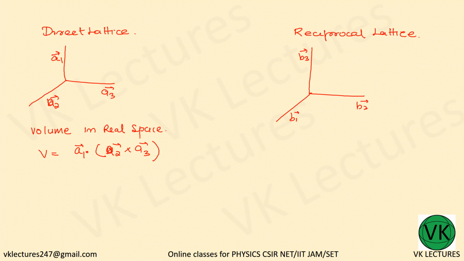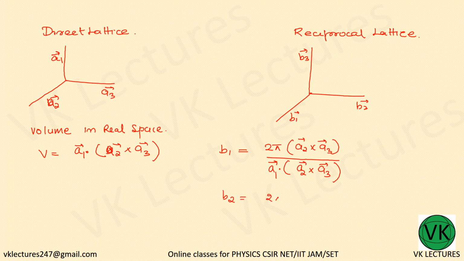Okay. So similarly, the corresponding value of B1 is given by 2 pi into A2 cross A3 divided by the volume, that is A1 dot A2 cross A3. And what about B2?